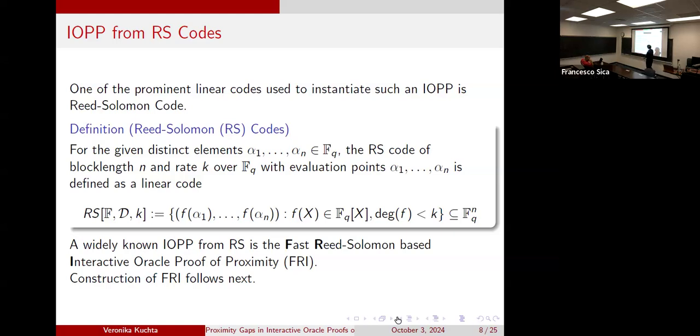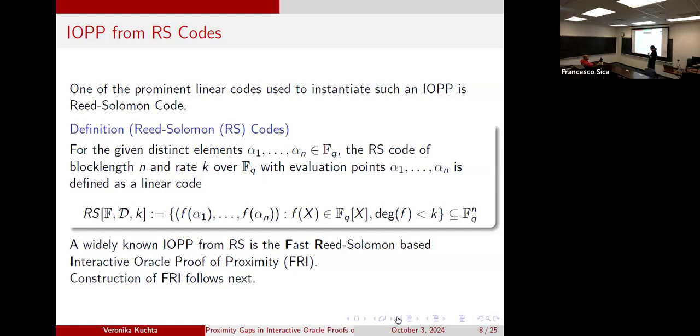If you are given a list of distinct elements alpha 1 to alpha n, then the Reed-Solomon code of block length n and rate k over a finite field F with evaluation points alpha 1 to alpha n is defined as the set of evaluations of polynomials at alpha 1 to alpha n, where the degree of the polynomials is smaller than k.